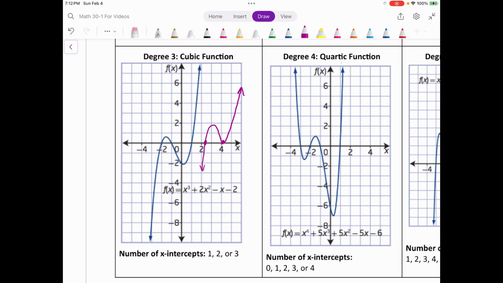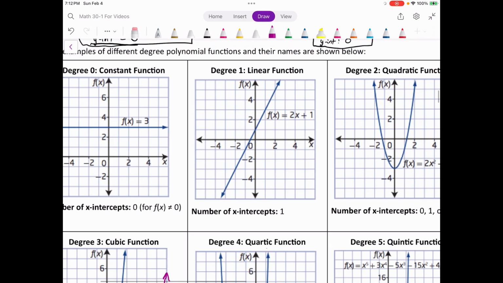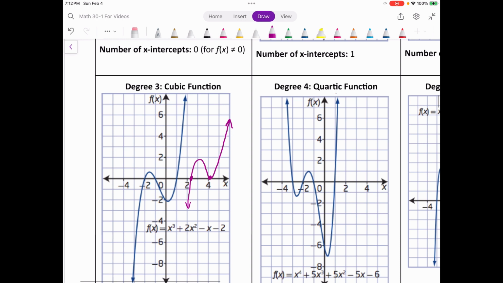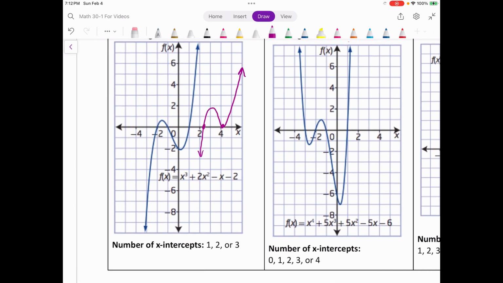But because one arm goes upward and one arm goes downward, much like a linear function, it's going to have to cross the x-axis at least once, right? For linear, it's exactly once. But for cubic, at least once it's going to have to cross the x-axis and therefore have an x-intercept. It's not possible for it to never cross the x-axis. But it can do it once, twice, or 3 times like we see there, okay?